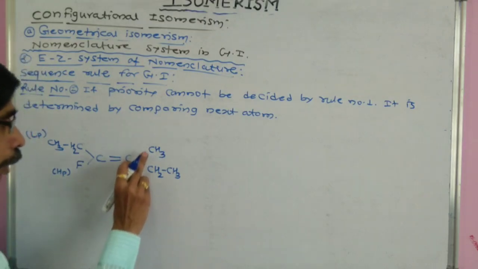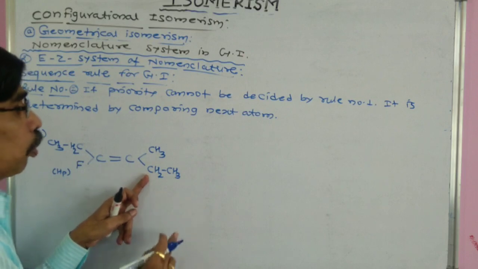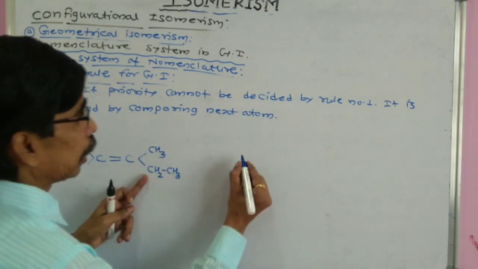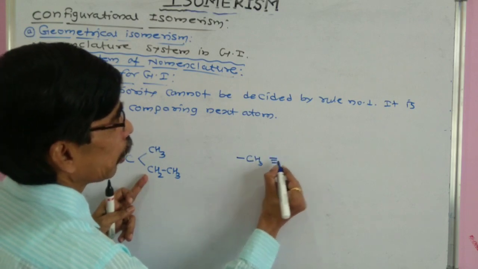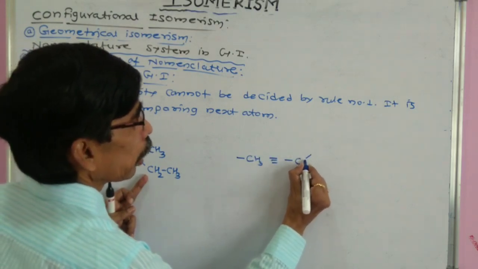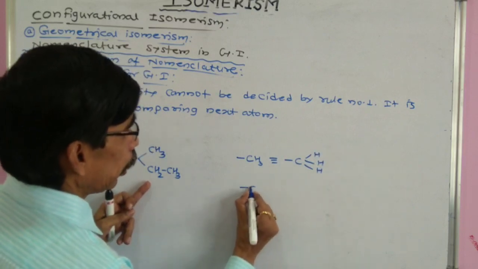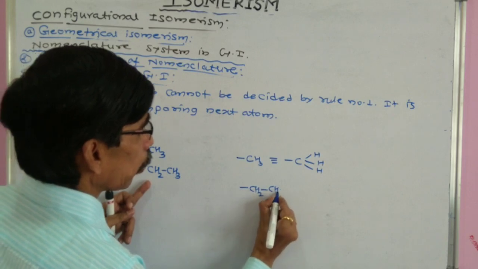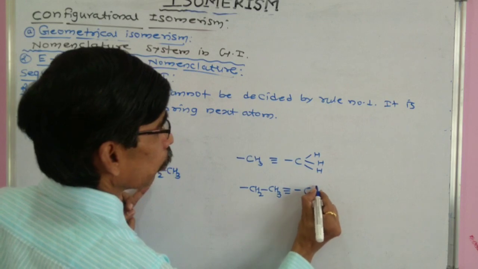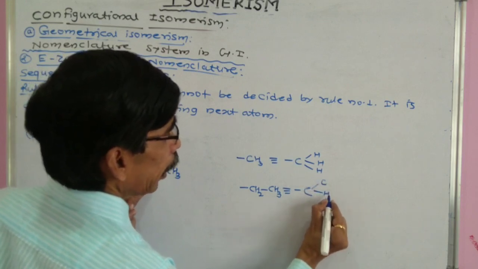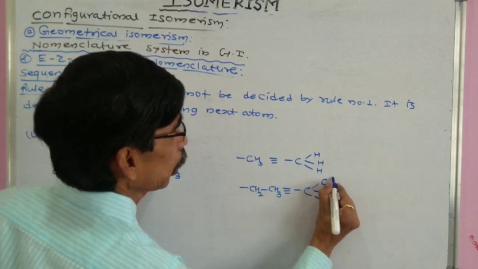Now in this case, the first atom is carbon and first atom is carbon. Therefore, we cannot decide the priority as per the first rule. Therefore, this CH3 is equivalent to this C. The second atoms are H, H, and H. Now, in case of CH2CH3, their second atoms are this C, H, and this H. Now again this C has 3 hydrogens.